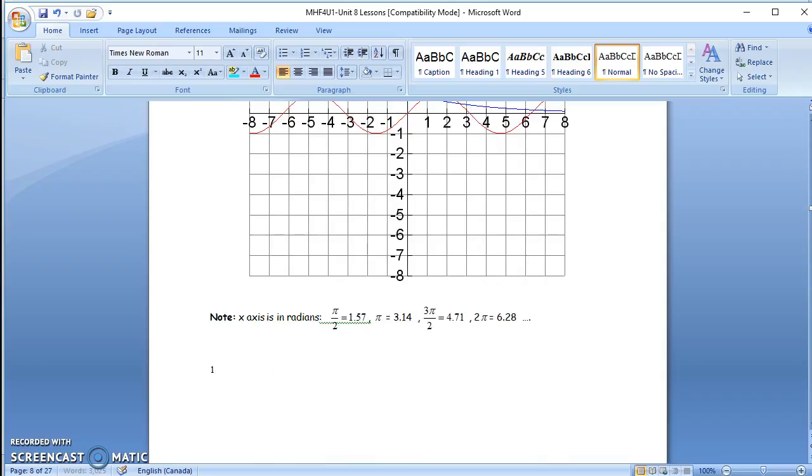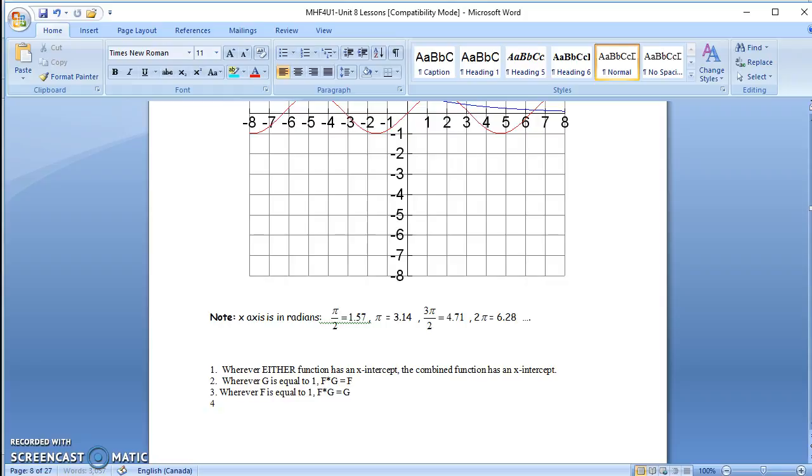Number 1, wherever either function has an x-intercept, the combined function has an x-intercept. The second thing is wherever g is equal to 1, f times g is equal to f. Wherever f is equal to 1, f times g is equal to g.